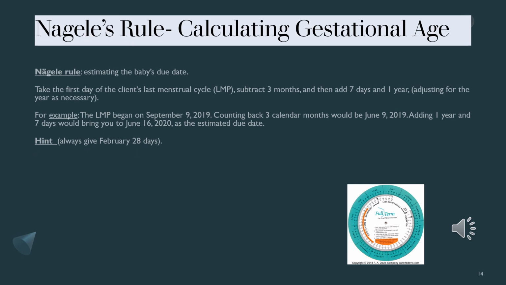Nagele's rule is something you absolutely need to know for both your NCLEX and for testing purposes. Nagele's rule is how to estimate the baby's due date by doing a quick little math problem.